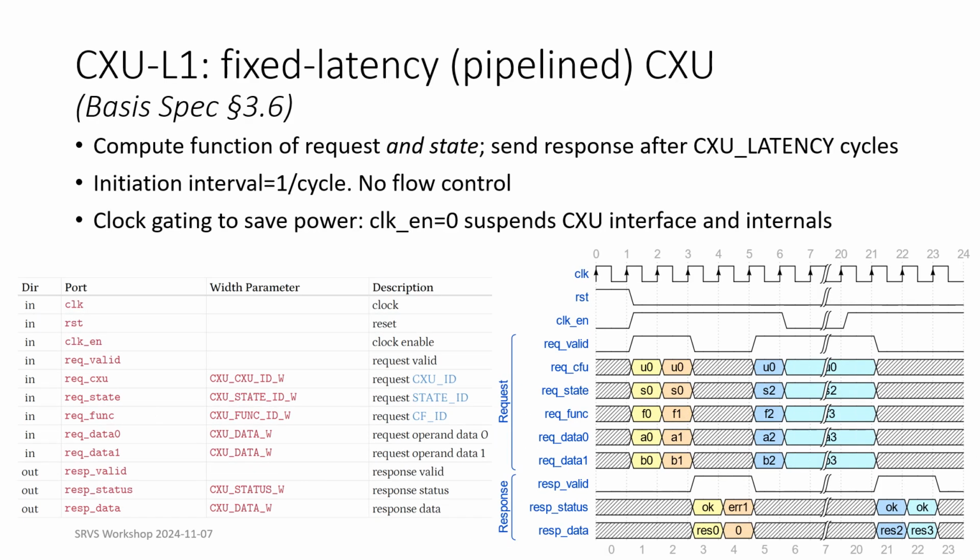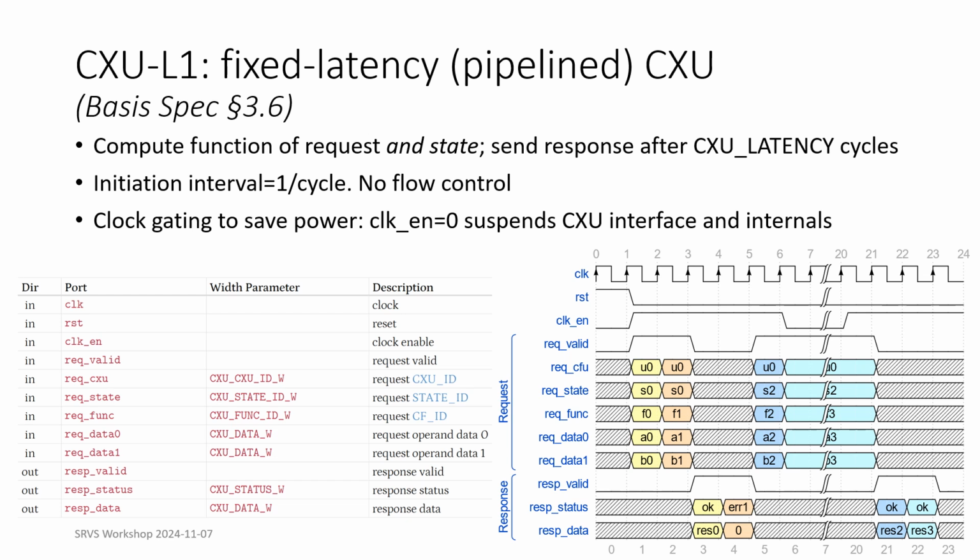Feature level 1 supports fixed latency clocked pipelined CXUs. The CXU computes a function of each request and some private state, if any, possibly updating the state, and sends a response after the parameter CXU latency number of cycles. Some CXUs support a CXU latency down to 0 cycles, so they can respond in the same cycle as the request.